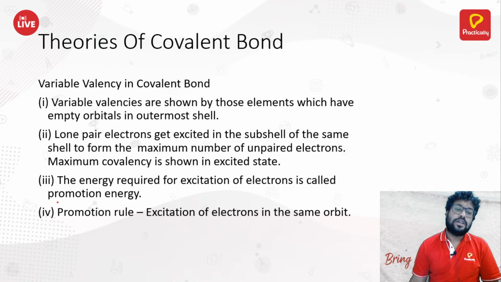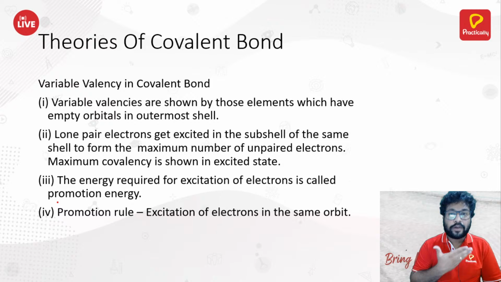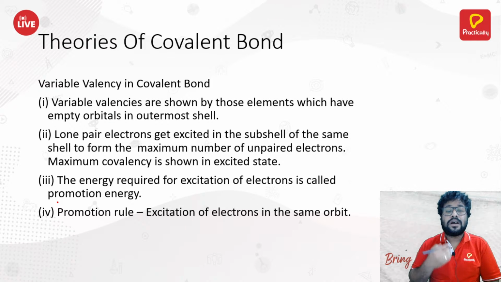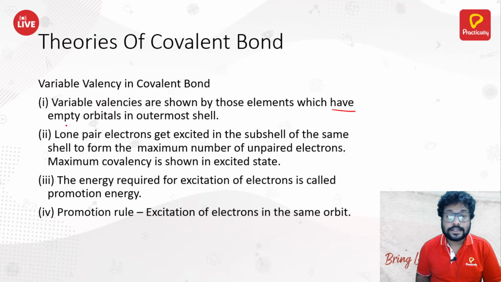So let's move ahead. Theories of covalent bond continuing, wave mechanical concept. What about the other atom which shows variable valencies? Variable valencies are shown by those elements which have empty orbitals in the outermost shell.